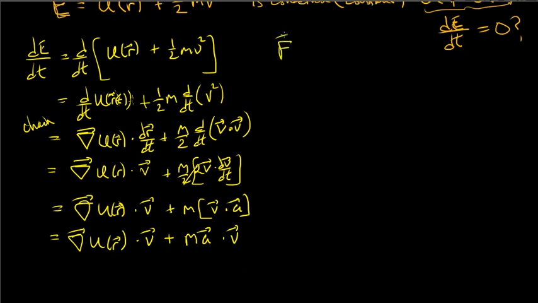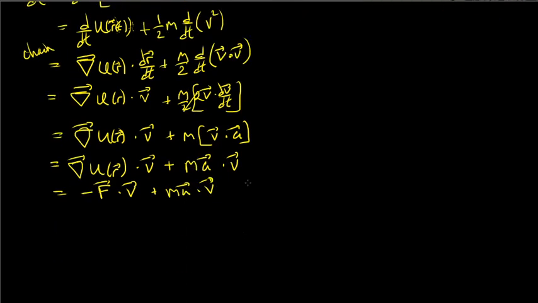Remember, in physics, the force is the negative of the gradient of u. So this is going to be the negative of the force dot v, plus ma dot v. So I can factor out the v here. This is minus F plus ma, dot product with v. But even if you've only had basic physics, you probably remember that F equals ma.